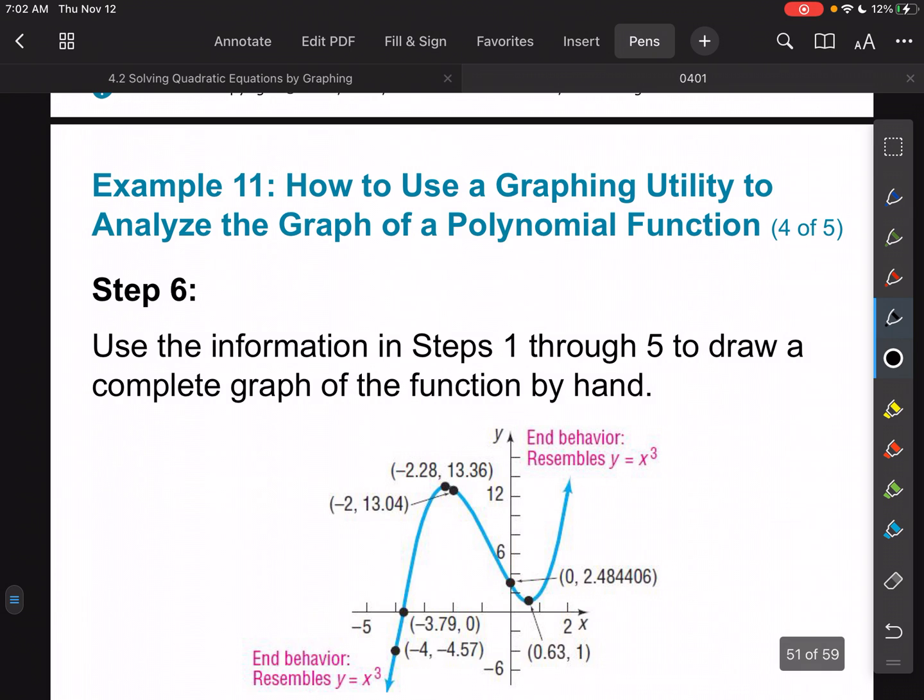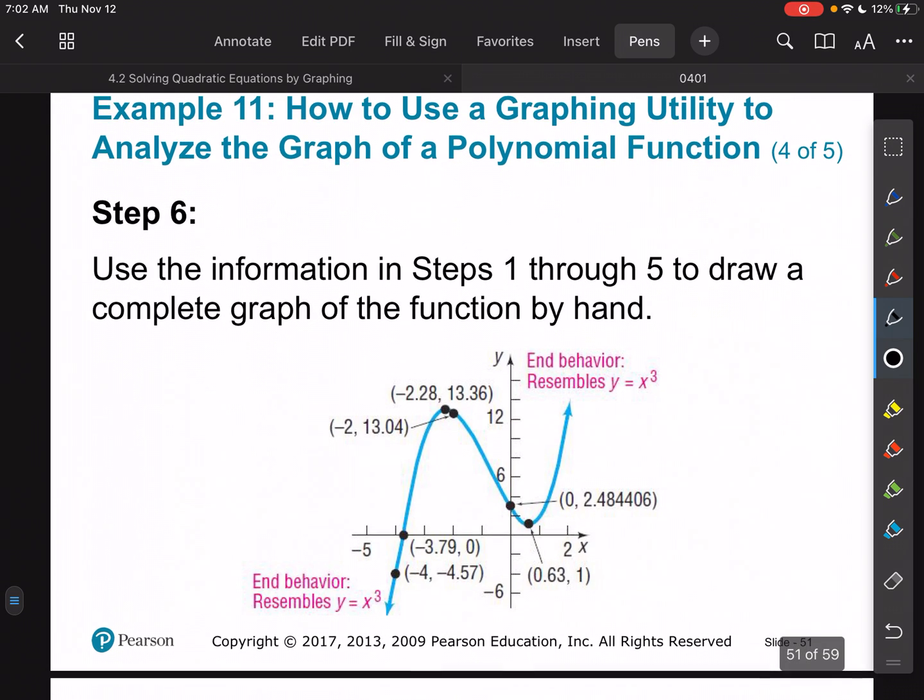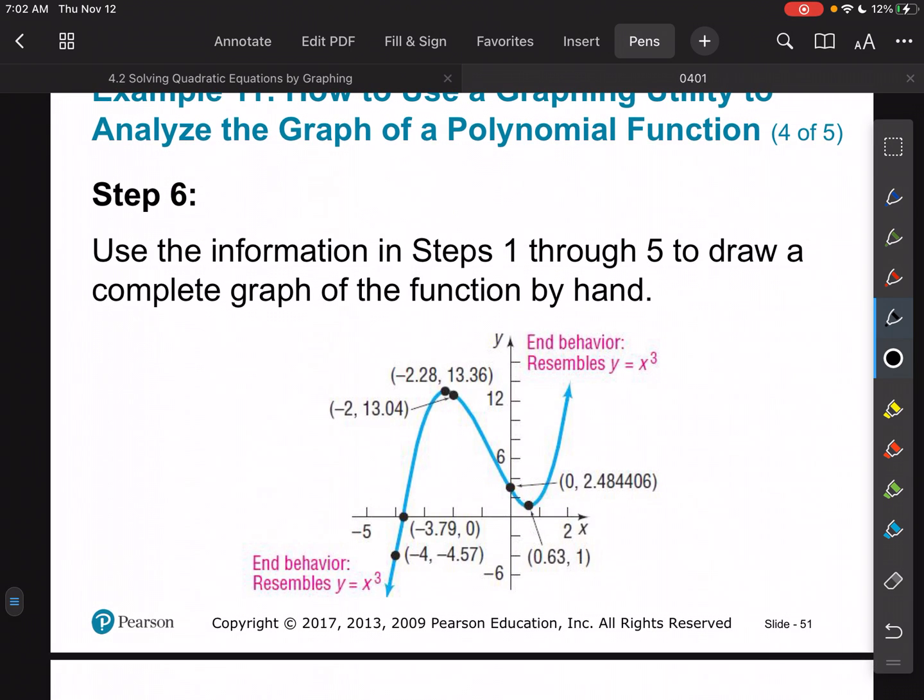And then step 6 says use the information to graph the graph by hand. So I would identify all those major things, and then on your platform for homework tonight, you're going to probably need to know exactly where this happens, and then they allow you to put in a point of where maximums and minimums happen so that you can get an accurate picture.